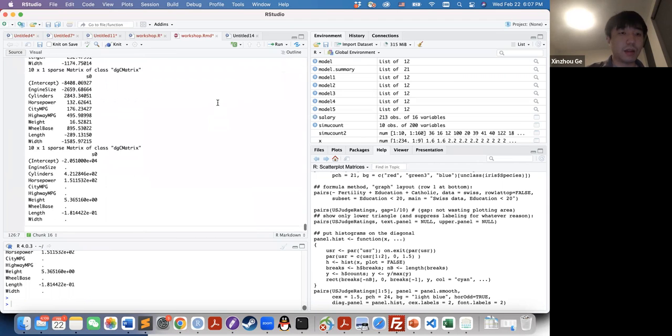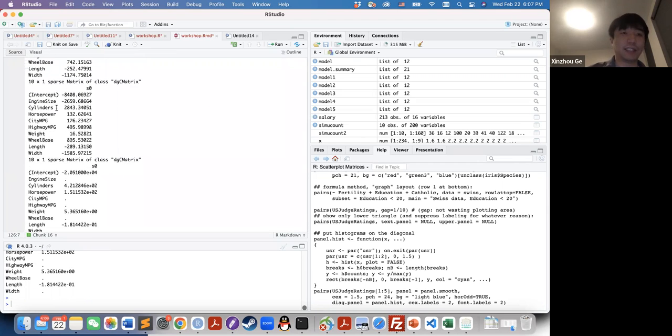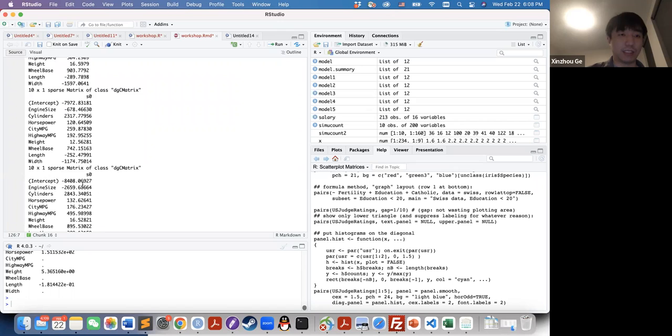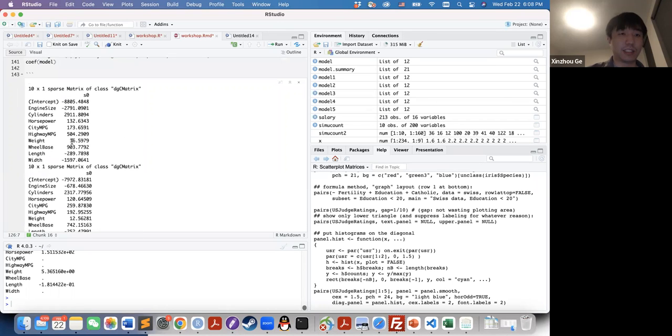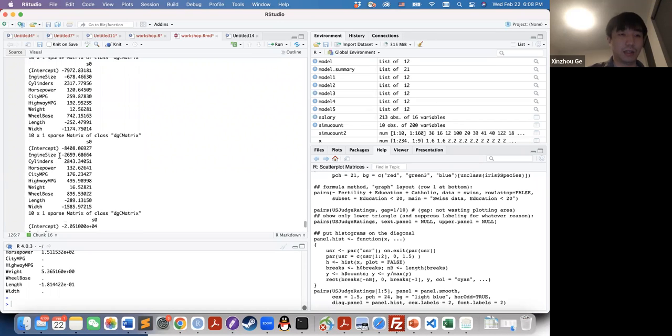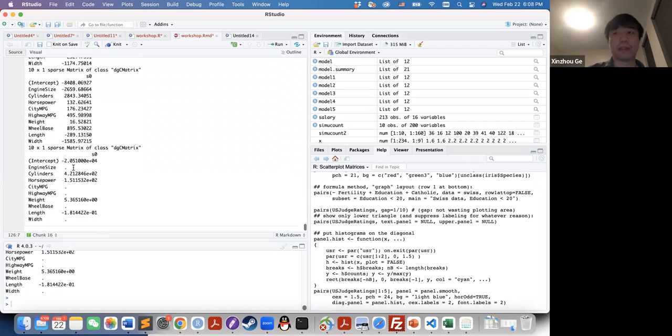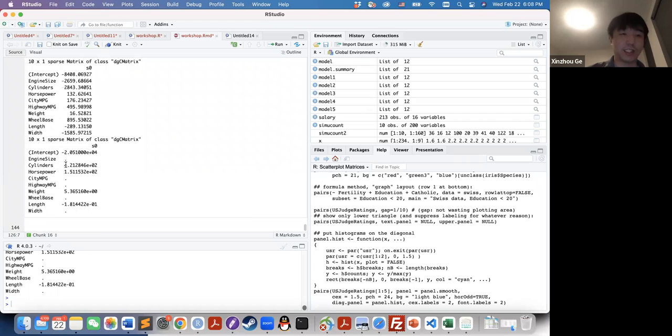From the results, we can see that with a very small lambda, the ridge regression and the lasso regression are quite similar. The coefficients are all on the same scale. But if we use a large lambda, you can see that for the lasso regression, many of them have 0 coefficients. Here a dot means 0.